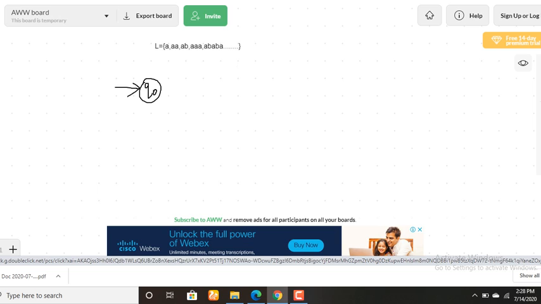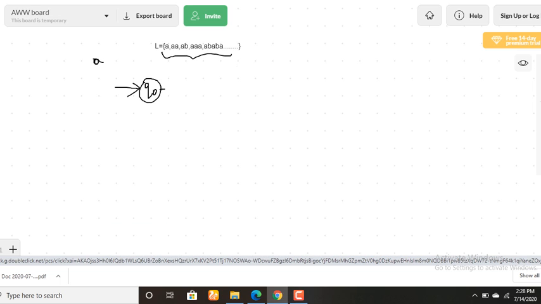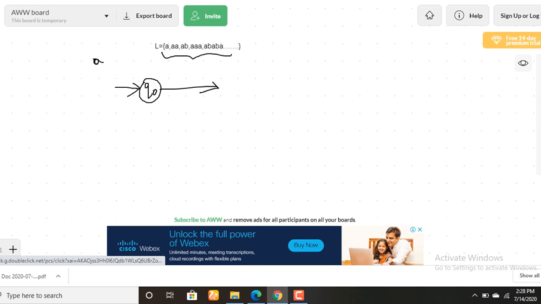These are all the possible strings in the language. First I will take A. If A comes as input, the DFA definitely goes to the final state. So if A comes, your DFA moves like this; I named this state Q1.